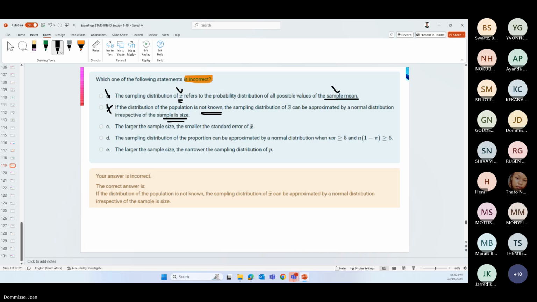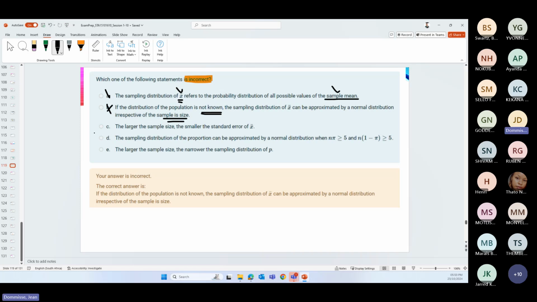So if it was a big sample, about 500, then you know that there's other things that do come into play that you can use, but with this emphasis also that it's irrespective of a sample size, that just makes it very difficult to say anything about the population.